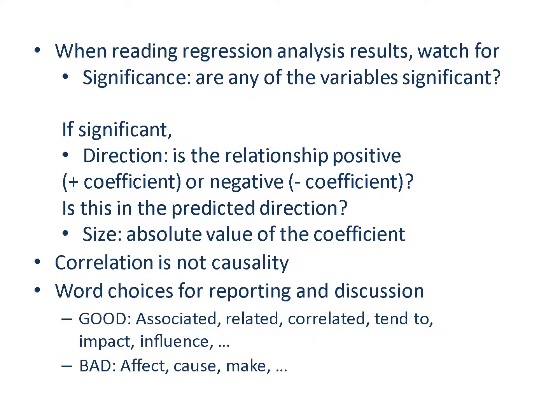Then, for the variables that indicated statistical significance, watch for the estimated coefficients in terms of the direction of the relationship, i.e. positive or negative signs. Also, the absolute value of the coefficient will tell you how large the relationship between the dependent and independent variable is. Finally, again, be careful not to make a strong causal claim.